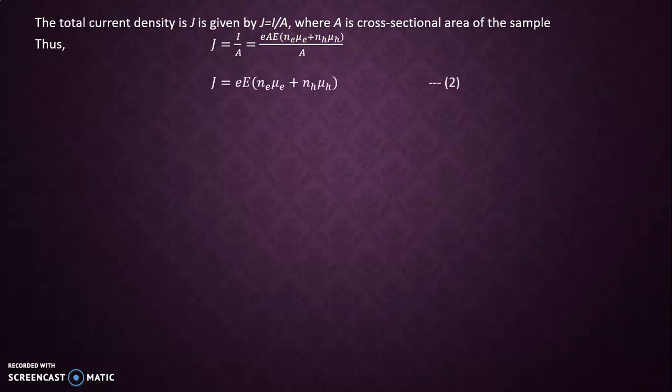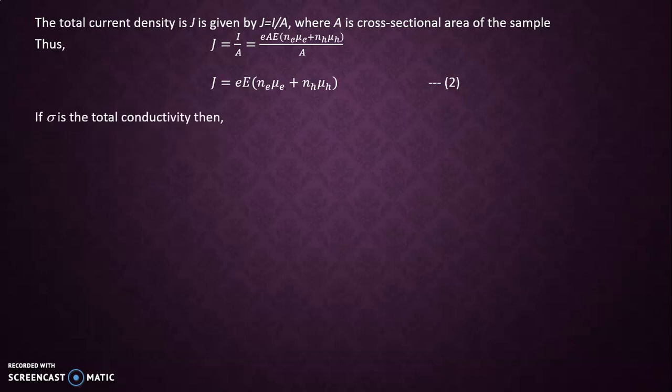So J will remain as J is equal to e into E in bracket n_e into mu_e plus n_h into mu_h. This is equation number 2.